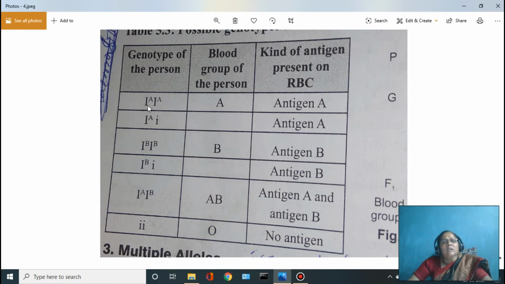Suppose an individual has the A blood group.